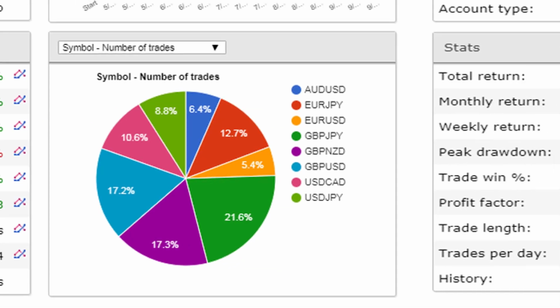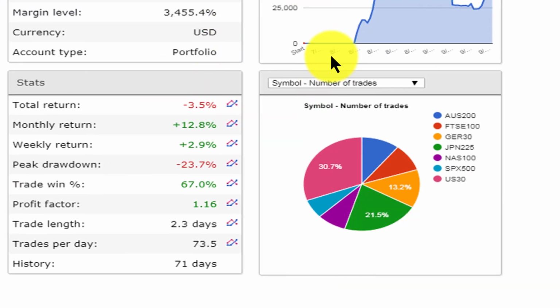Now, if you look at the second group of results, those are demo accounts or monitoring accounts that I traded on indexes, and I traded 14 different robots using indexes. And you can see the index is listed there, and you can see the results.